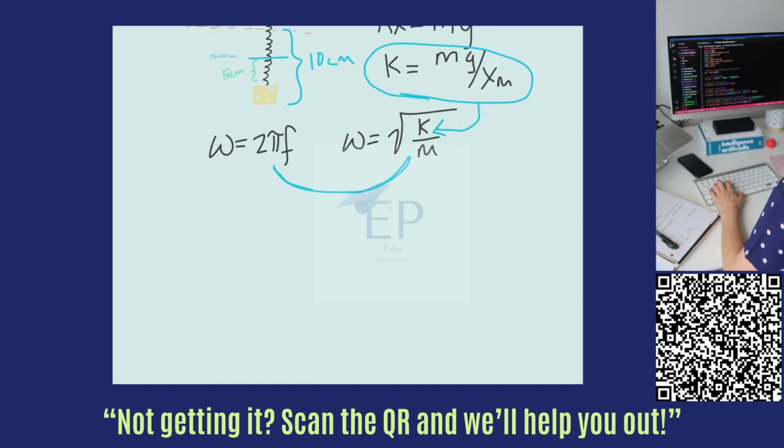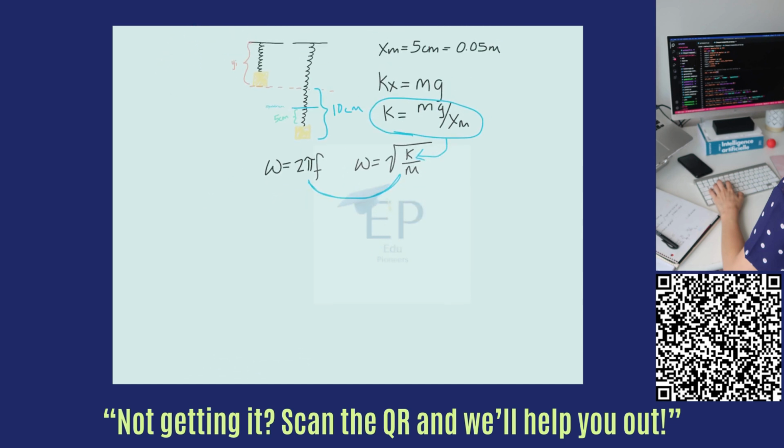So in that case, we end up with the equation 2 pi f equals the square root of mass times gravity divided by displacement, divided by mass.